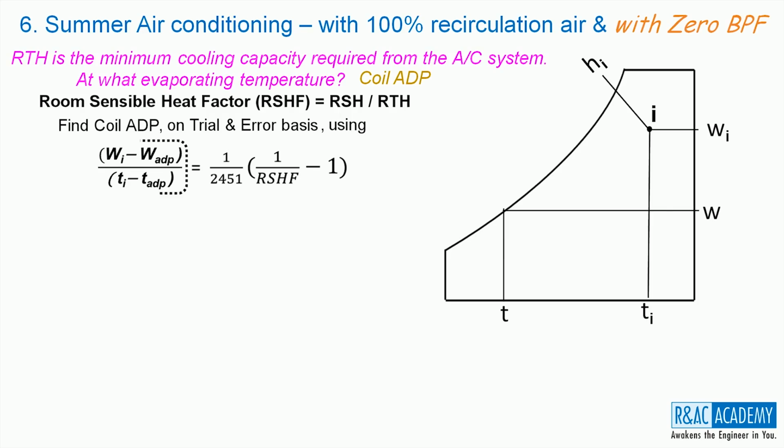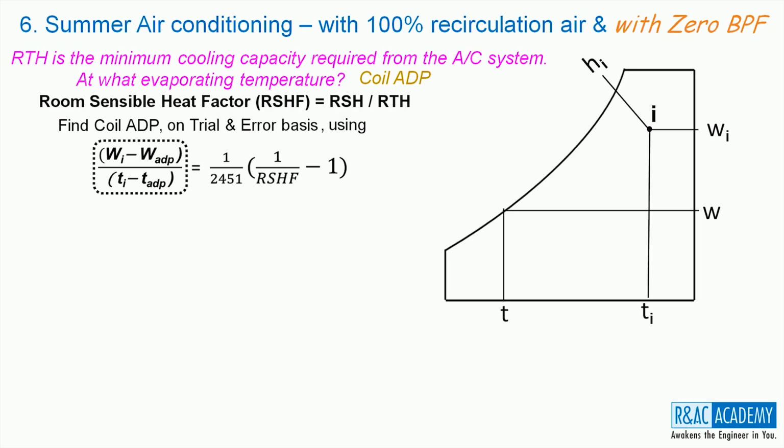Substitute the T and W values in this expression against TADP and WADP respectively and see if the LHS value and the RHS value are becoming equal. If not, iterate by changing the T value accordingly.